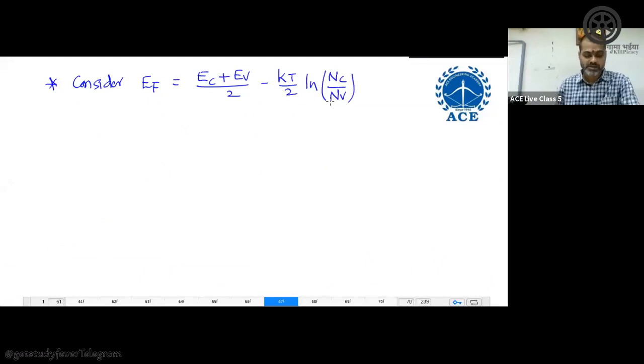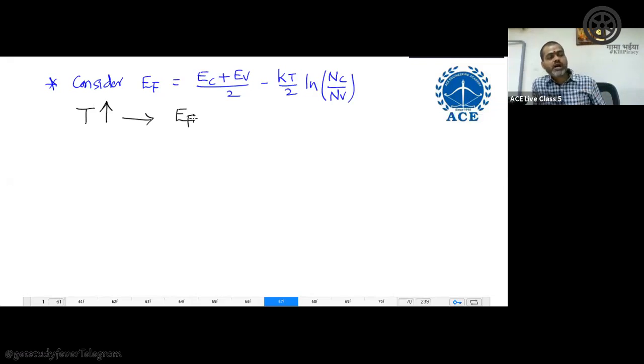Now my question is, if I increase the temperature, what will happen to the Fermi energy level? Will it increase or decrease, move upward or downward? You must understand this. Take the energy gap as constant, although it also changes with temperature, let us keep it constant.